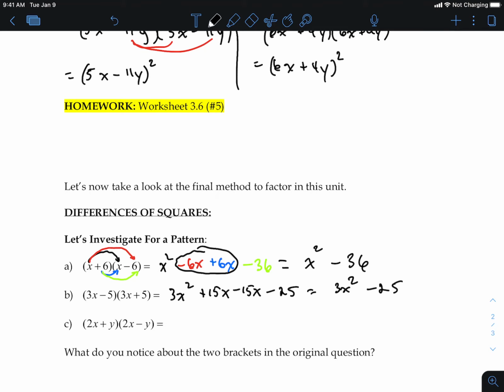Difference of 2 squares. It's right in the name. Okay, last one. 4x squared minus 2xy plus 2xy minus y squared. Middle 2 terms cancel. 4x squared minus y squared.